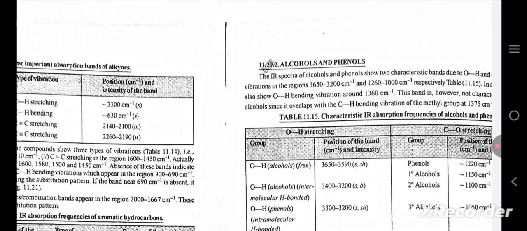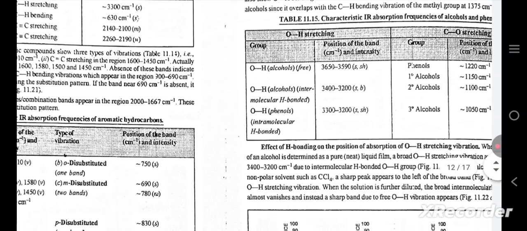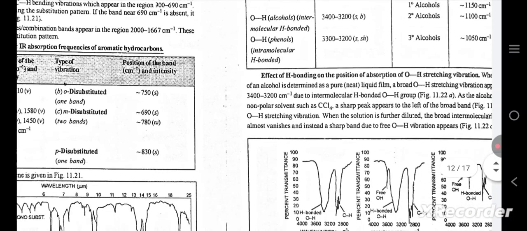Alcohols and phenols. The IR spectra of alcohols and phenols show two characteristic bands due to OH bond and C-O vibration in the region. Look at the figure, characteristic IR absorption frequencies of alcohols and phenols. The effect of H bonding on the position of absorption of OH stretching vibration of an alcohol is determined as follows. In a pure neat liquid film, a broad OH stretching vibration appears due to intermolecular H bonded OH group.